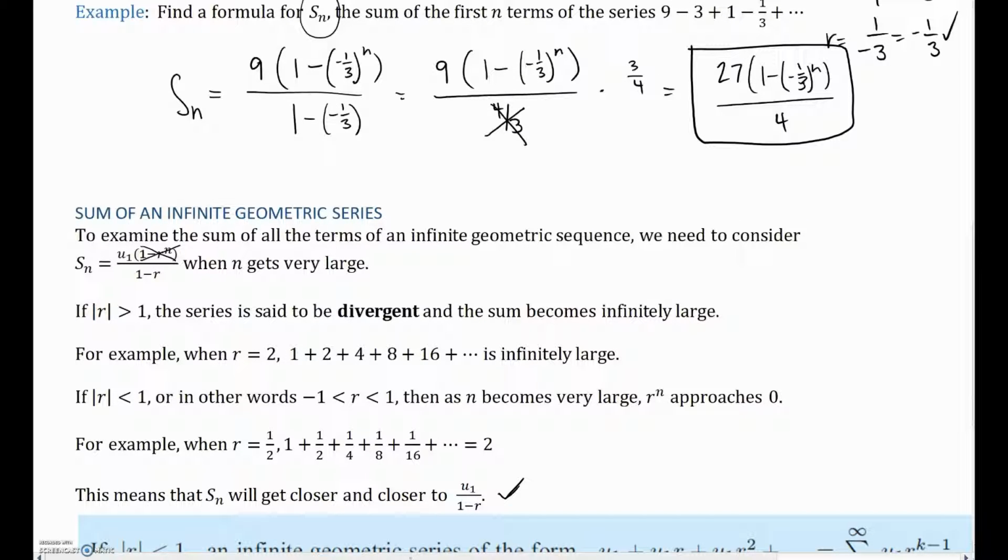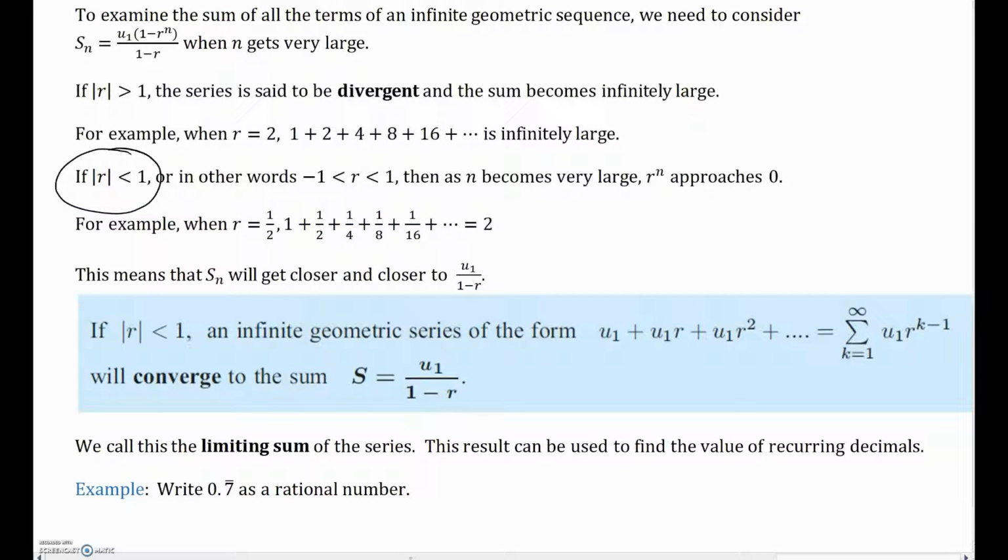So what does that mean? That means if you have a really large n, which means infinity, so the list is infinitely long, and the absolute value of r is less than 1, then you are able to solve this problem. So this formula can be used for infinite series.